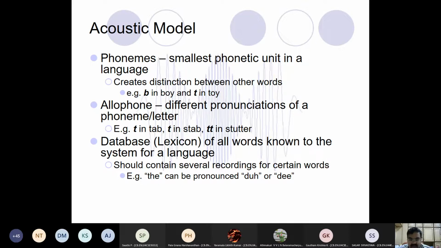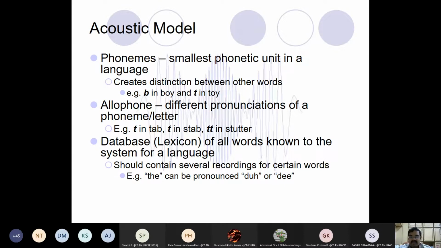Boy and toy, right? There is a distinction in the words boy and toy. And for each phoneme, B and T, the pronunciation is very easy. There is not much of a problem. There is enough distinguishing; you won't get confused.